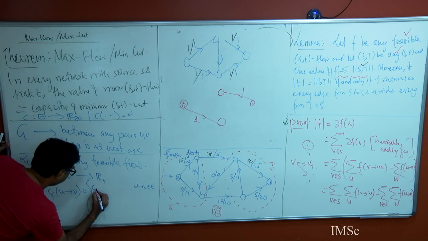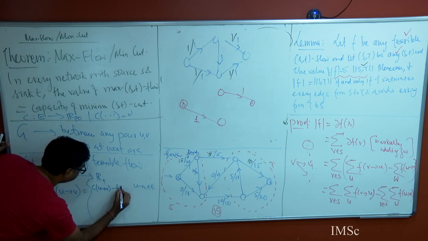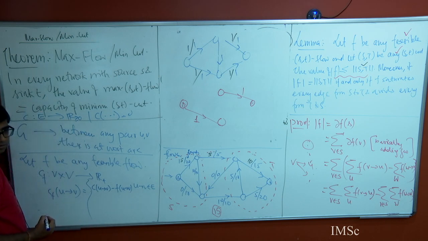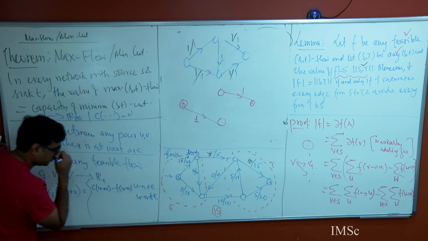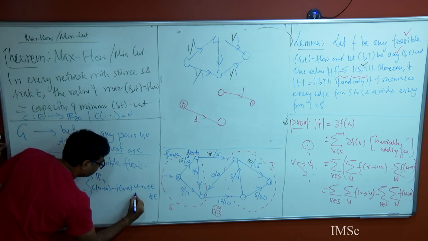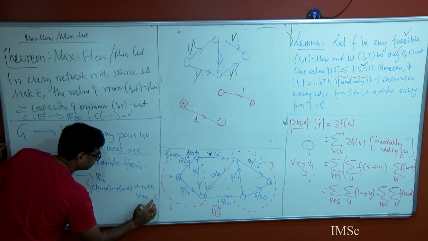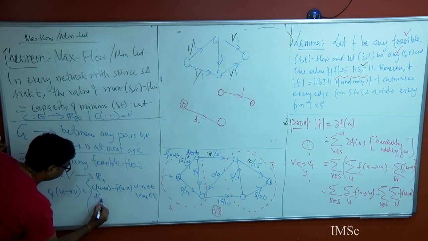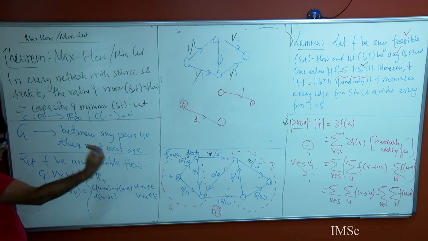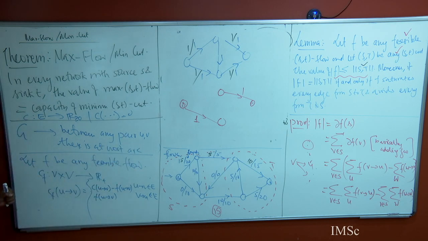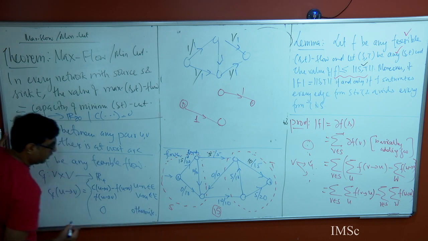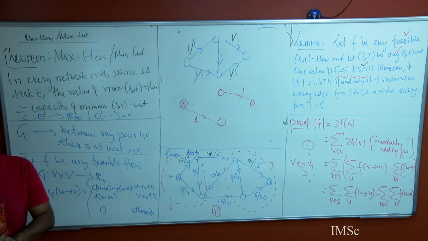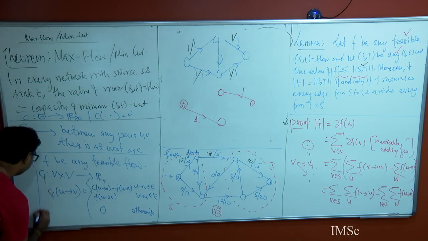So it is capacity of U comma V minus flow of U comma V. Otherwise, if U comma V is not in E, or rather V comma U is in E, then it is flow of V comma U, because that is all you're flowing, that is all you can push back, and 0 otherwise. Okay? So this is what is called residual capacity.